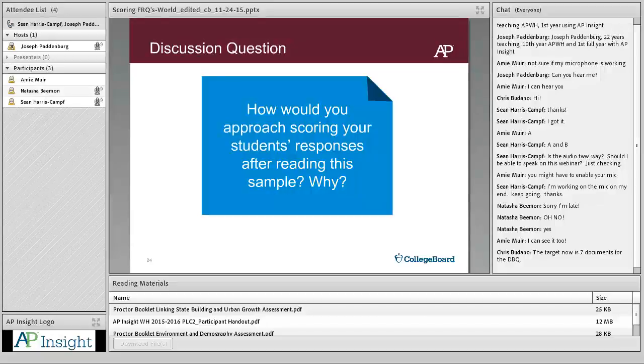I understand you don't write to a rubric, but I think having consistency is helpful in my experience. And I understand we're doing a DBQ here with 5 documents, not 7. And from a time perspective, I like that. But for me, I would try to make this scoring rubric as close as I possibly could to the actual AP rubric.